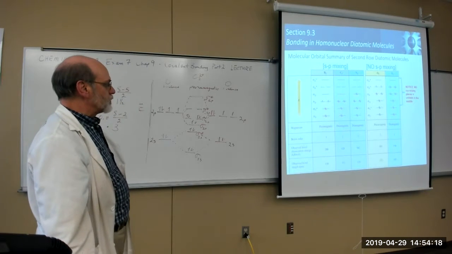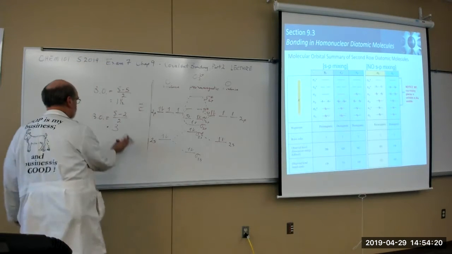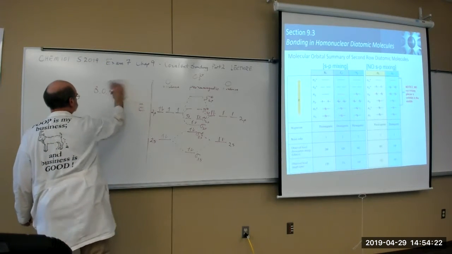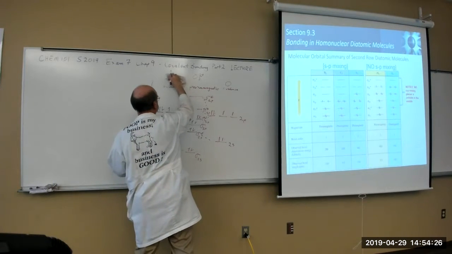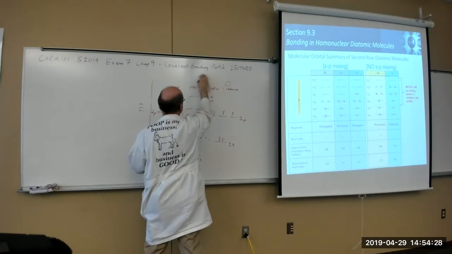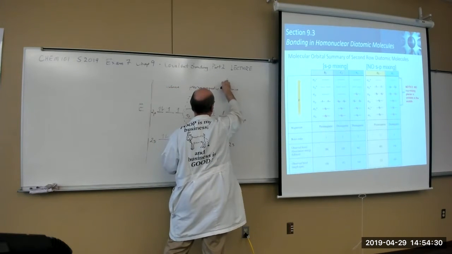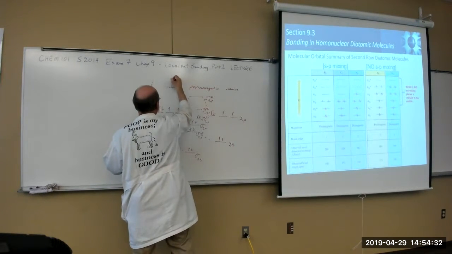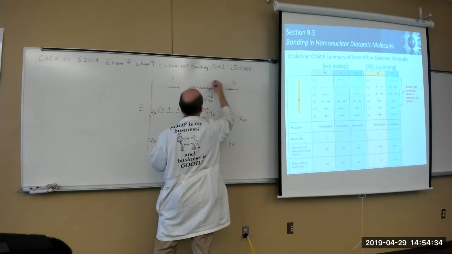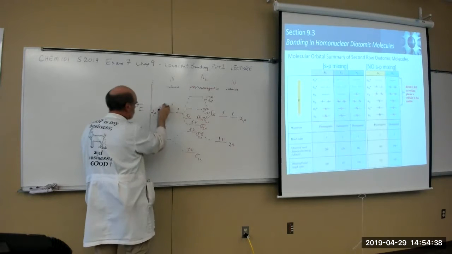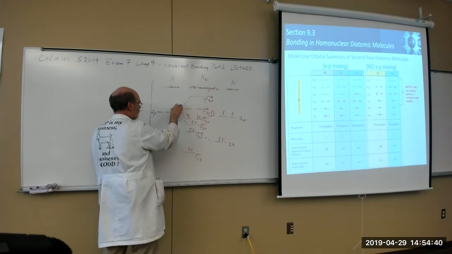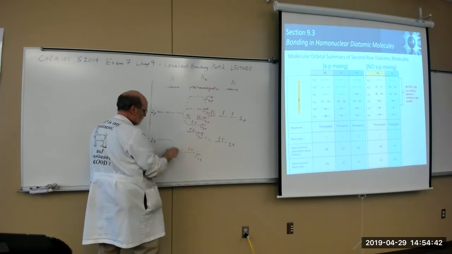Now, if we were to do, say, dinitrogen, let's go ahead and do that one since we're here. So there's our nitrogen original atom. There's dinitrogen. Let's take away these electrons for now. We'll put them back in as we need them.